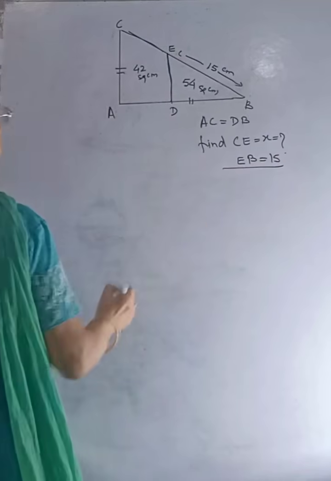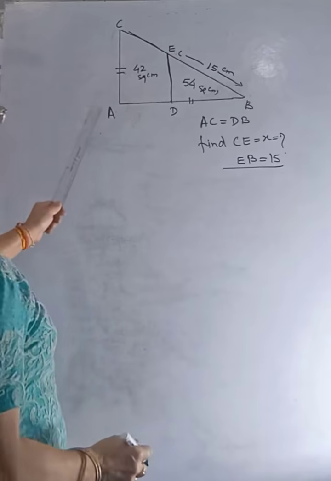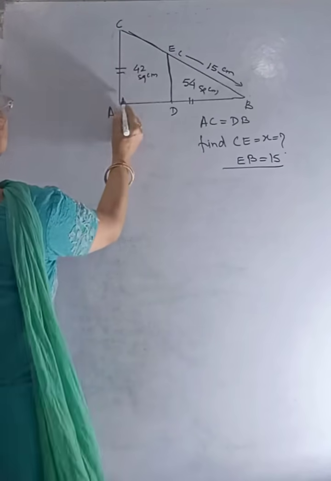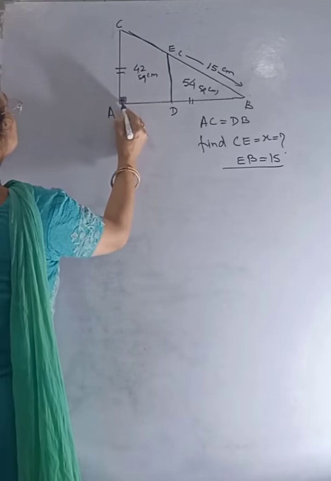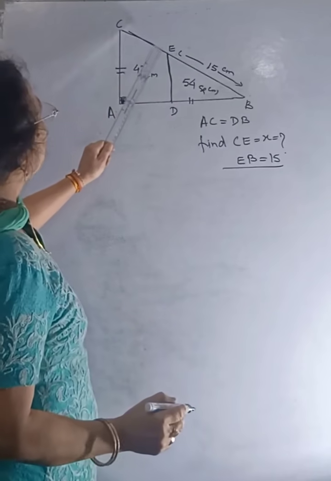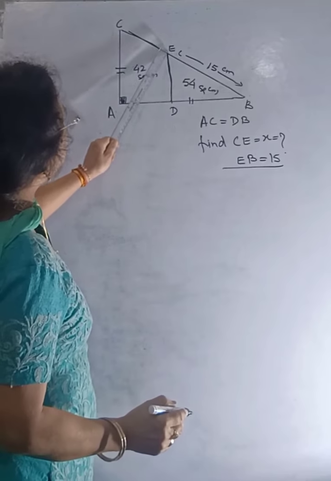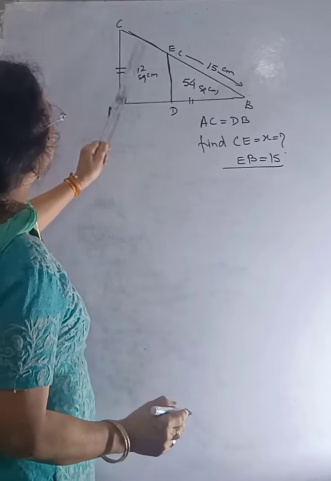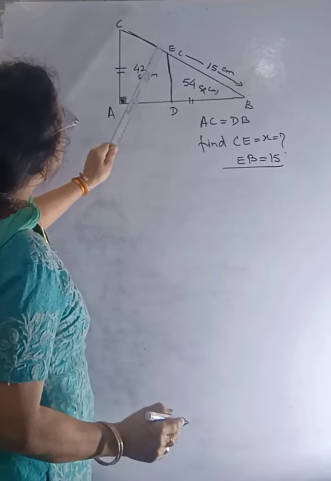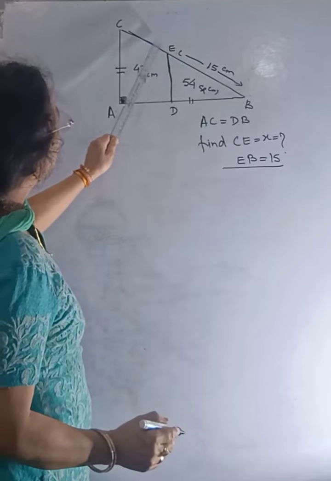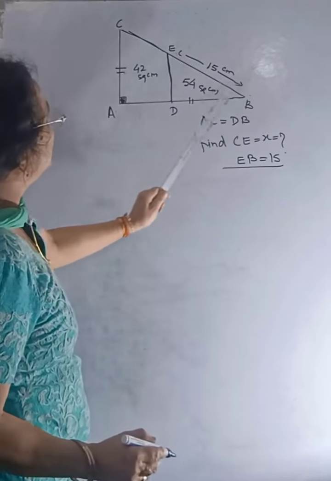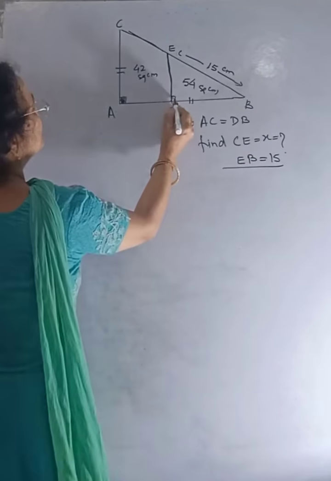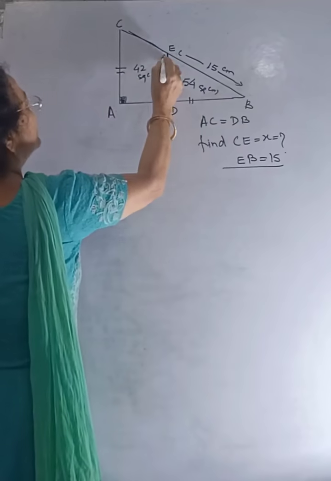Repeating my question again, that ABC is a right angle triangle. From a point E on the hypotenuse CB, a perpendicular drops on AB base. This is also 90 degrees.